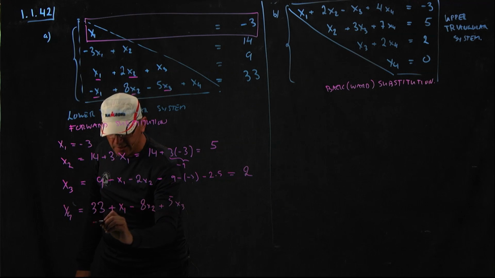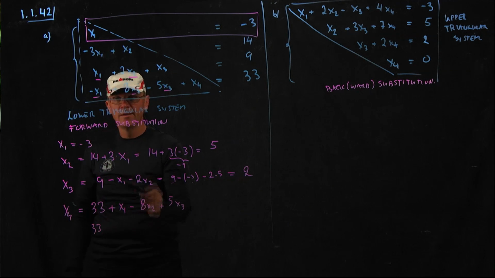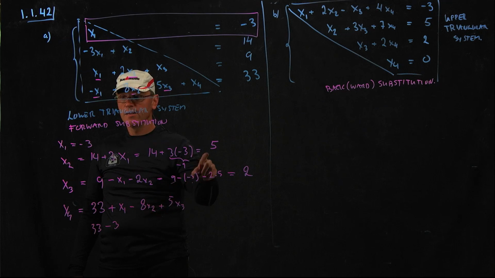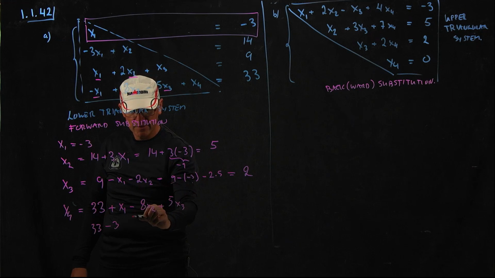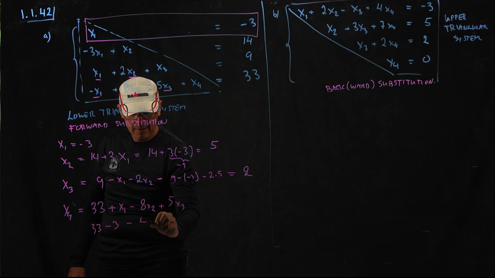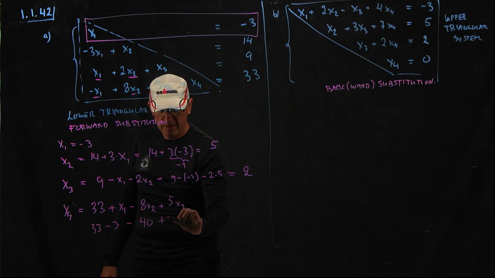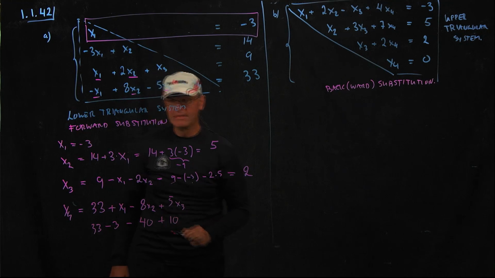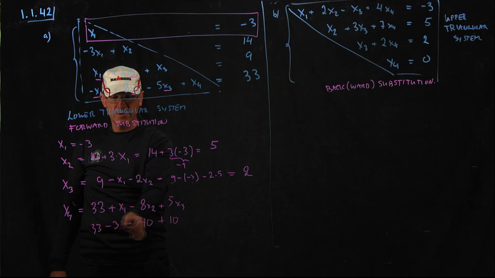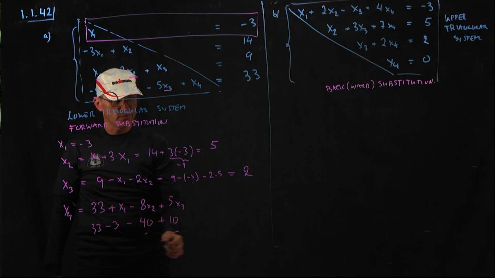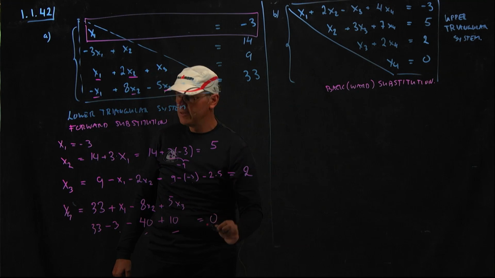So what is this? It's 33 minus 3. x2 is 5, so we're subtracting 40, and then we're adding 10. So that's 30, 40, subtract 40, so that's 0.